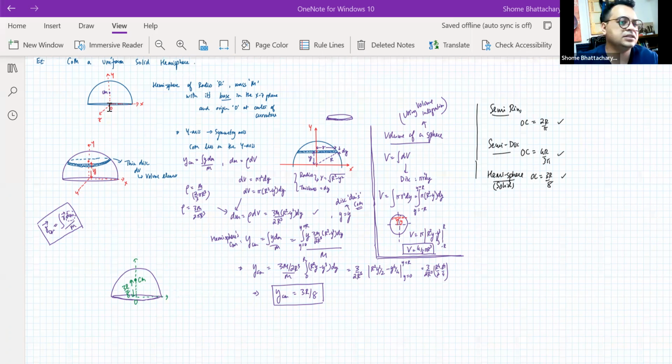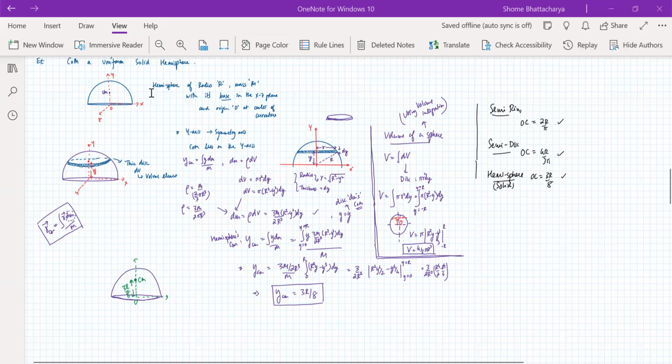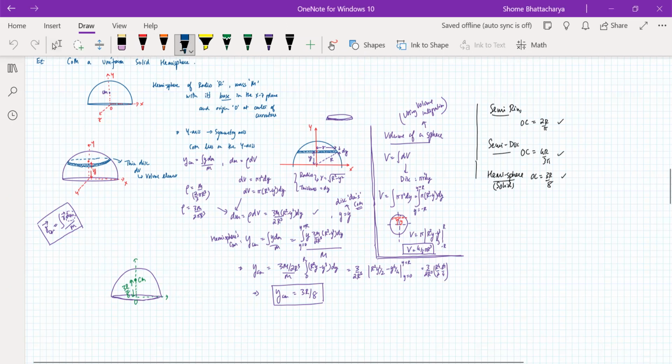So again, the y-axis is the axis of symmetry. And the xz plane is where the base of that solid hemisphere is lying. Origin is the center of curvature. So this is an example of what we call a volume distribution.